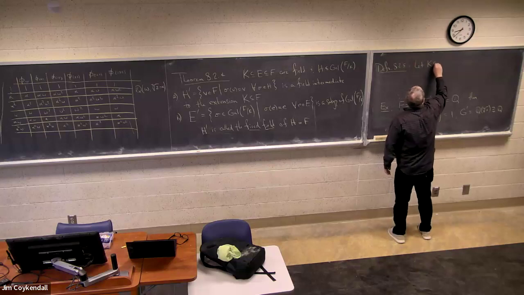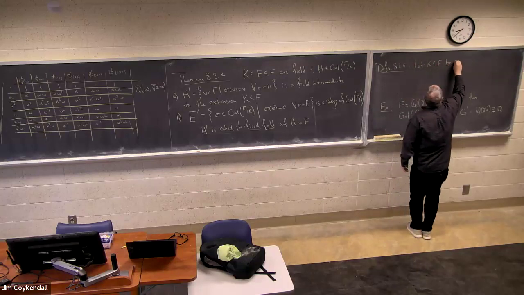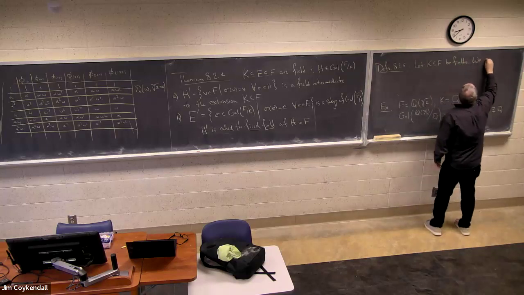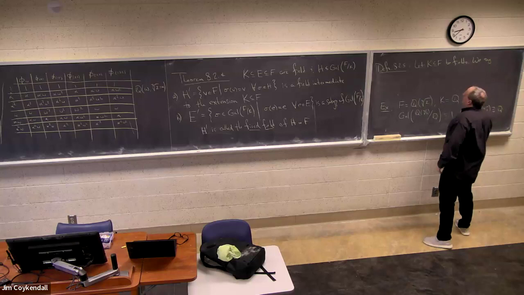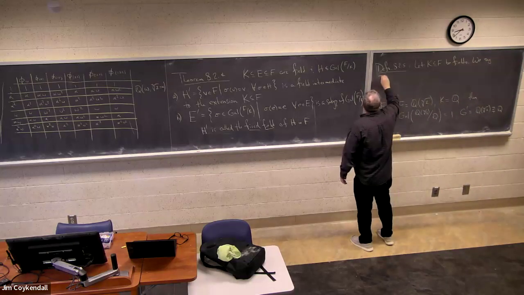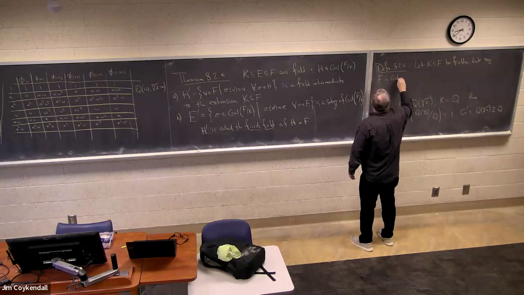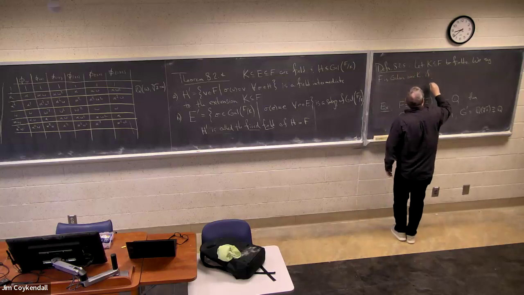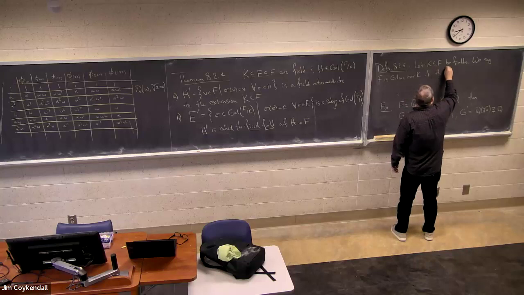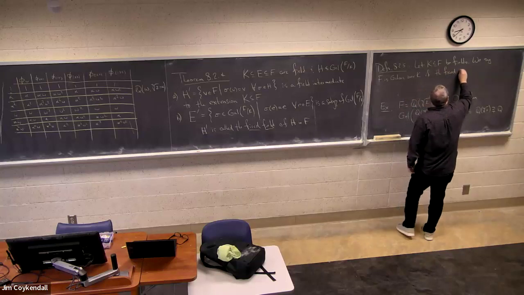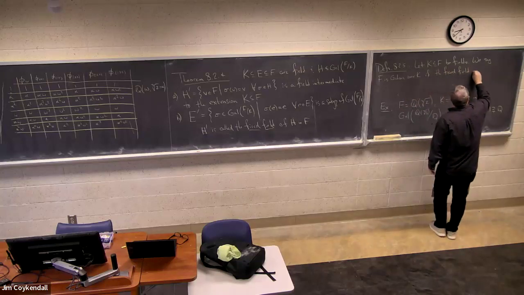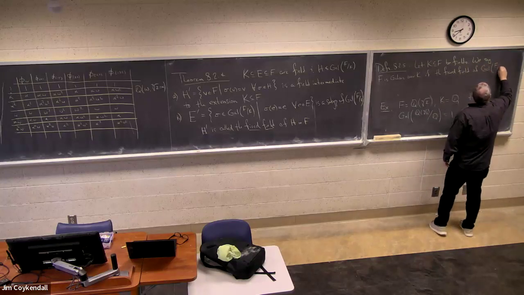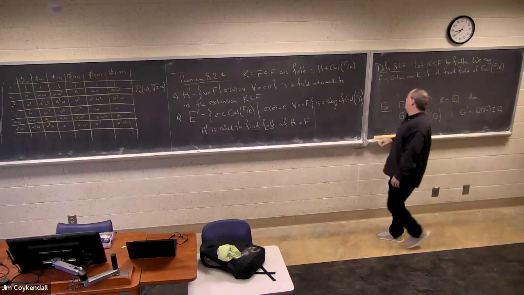Let K and F be fields. We say F is Galois over K if the fixed field of the Galois group of F over K is precisely K.